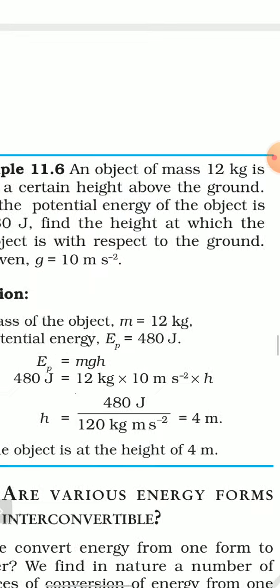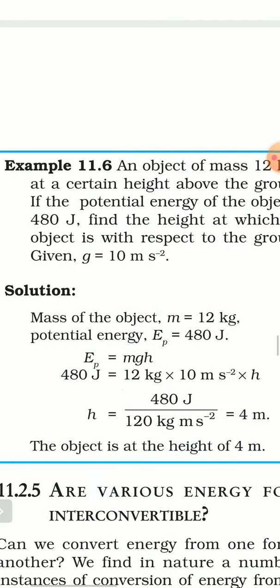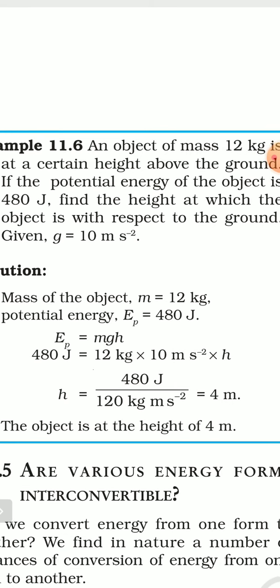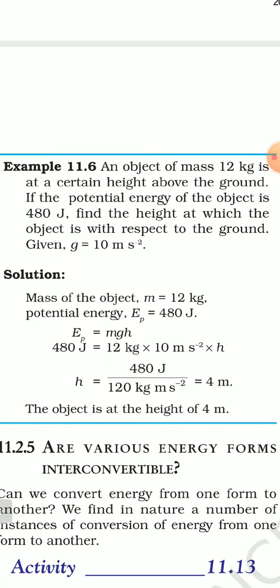So you have to put the formula EP is equal to mgh. The value of energy is given: 480 is equal to 12 kg into 10 meter per second square into h. So h will be 4 meter. The object is at a height of 4 meter. It is simple math. The values are given and you just have to put them in the formula and you can get the answer.